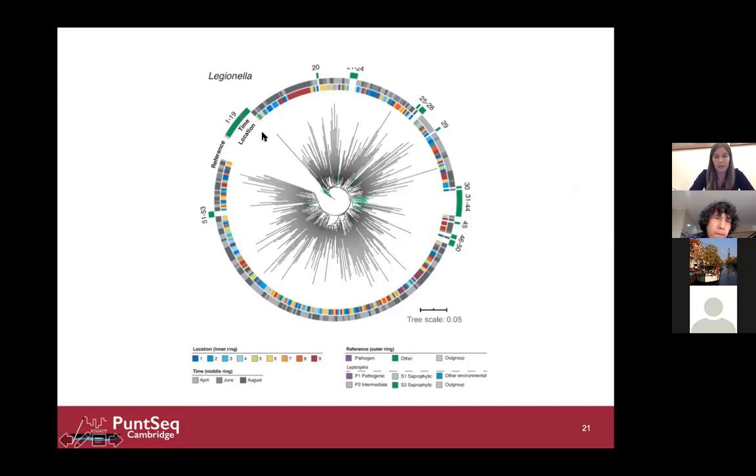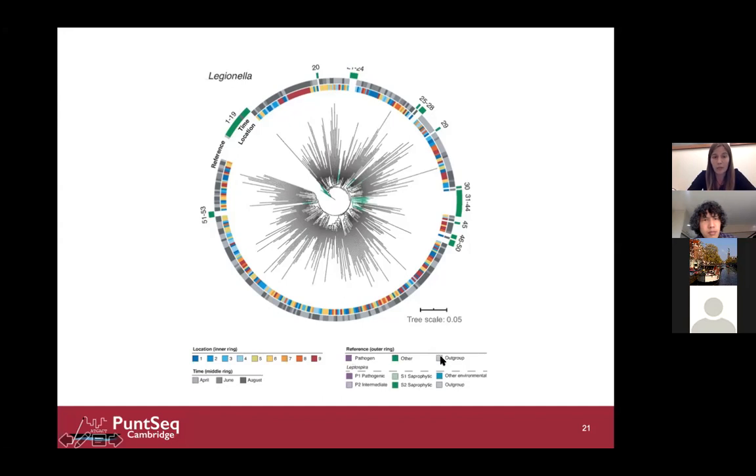I will go through it slowly so that you understand what's happening here. This is the phylogenetic tree of all the sequences, our sequences and the database sequences. The outer ring shows you the database sequences, with the violet ones being the pathogenic ones, and the non-pathogenic strains being the green ones.